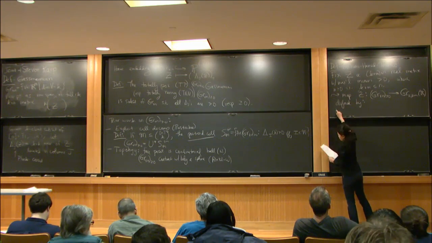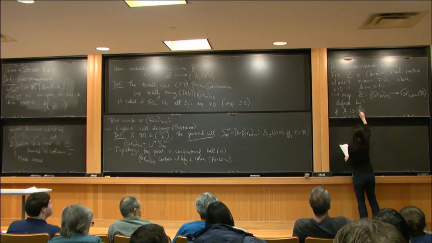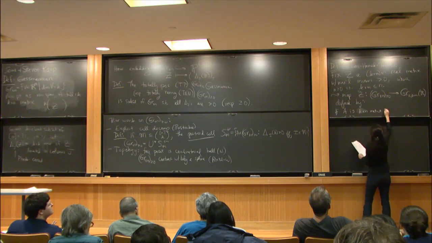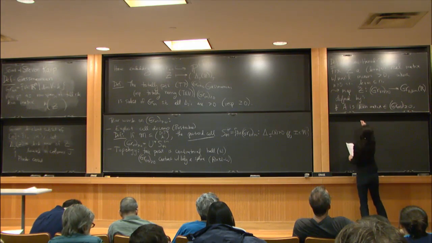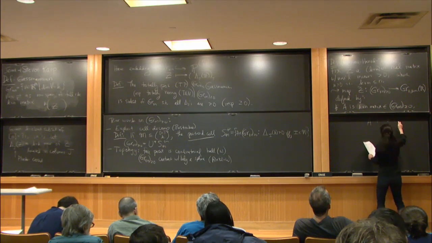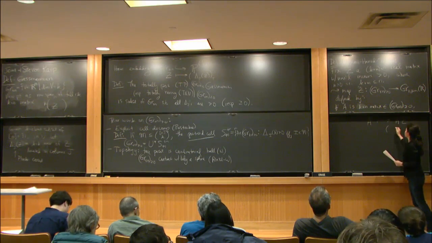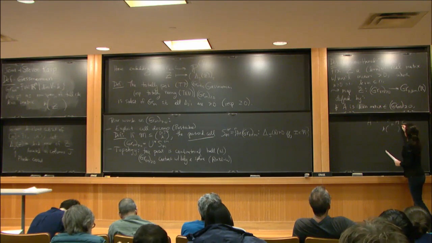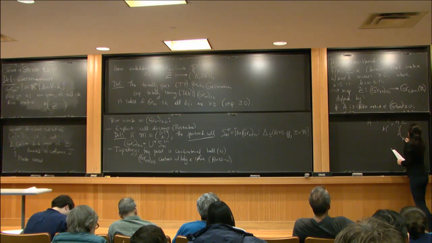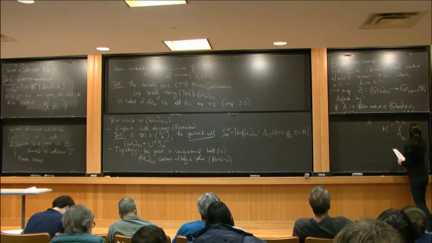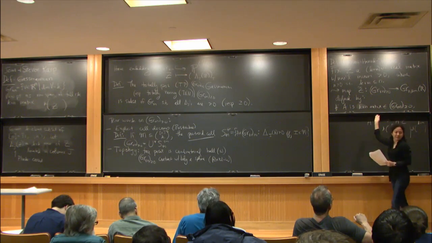If A is a k by n matrix, and I'm thinking of this as representing a point in the non-negative Grassmannian, then we map A to A Z transpose. This is just matrix multiplication. So A is k by n, Z transpose is n by k plus m, and so we get a k by k plus m matrix, which we interpret as giving an element of the Grassmannian.